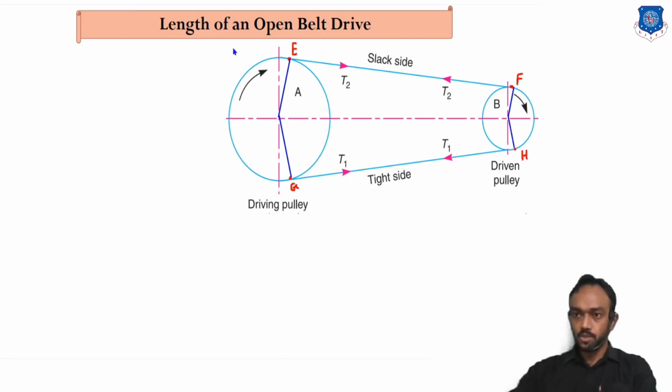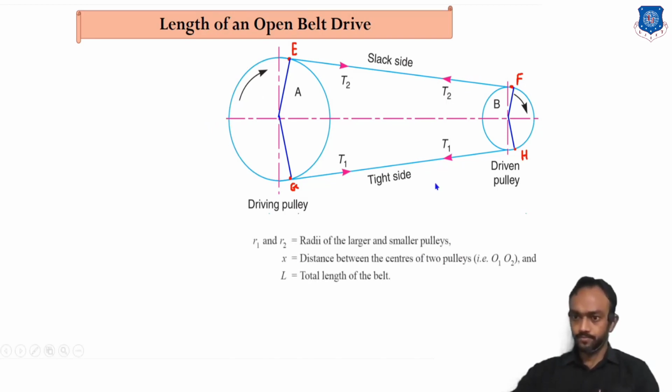So first of all, I can say that the length of the belt is divided into this arc, this length EF, then again the arc, and this length GH. R1 and R2 are the radii of the larger and smaller pulley, x is the distance between the centers of the pulleys, and L is the length of the total belt.